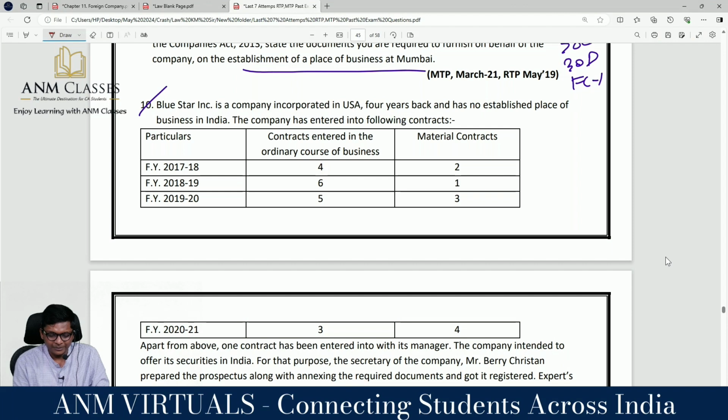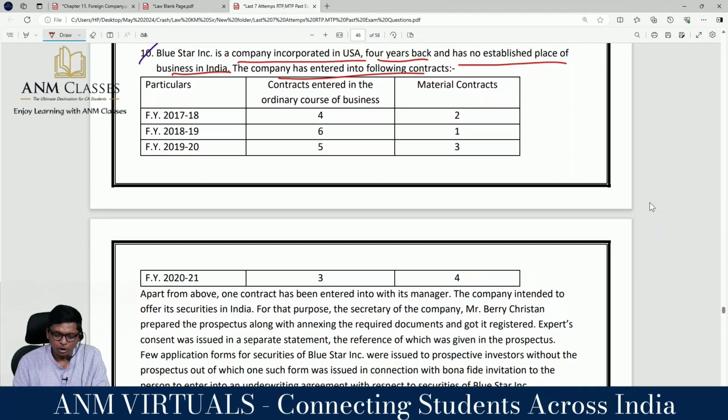Blue Star Incorporation is a company incorporated in the USA 4 years back and had no established place of business in India. So there is no established place of business, no physical presence. The company entered the following contracts: in the ordinary course of business 4, material contracts 2. Like that they gave for each of the years.